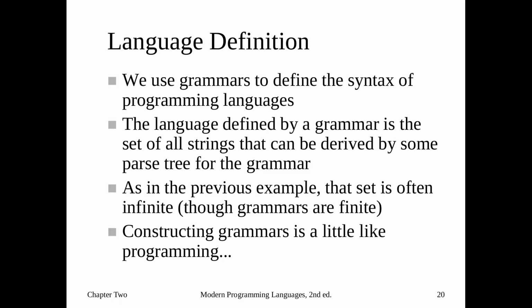So the language is defined by its grammar, and anything that the grammar says is okay or is syntactically correct, in fact any string that it can generate, is in fact a string within the language, right? And thus can be derived as a parse tree for the grammar.